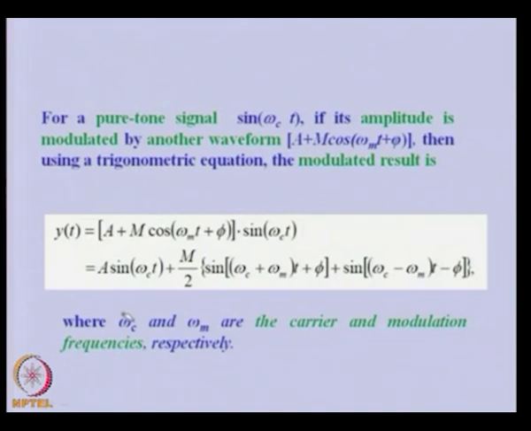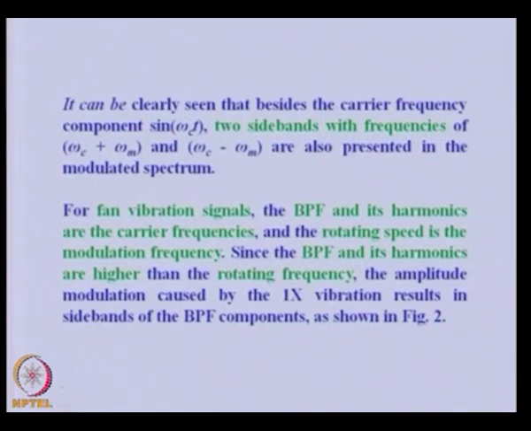Here, as we have explained earlier, omega c is the carrier frequency and omega m is the modulation frequency. So, we can see these sidebands in such systems. It can be clearly seen that beside the carrier frequency component, two sidebands with frequency of the summation of the two frequencies and the difference of these frequencies are also present in the modulated spectrum.